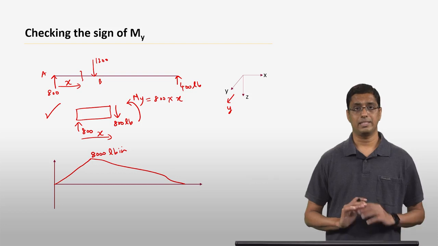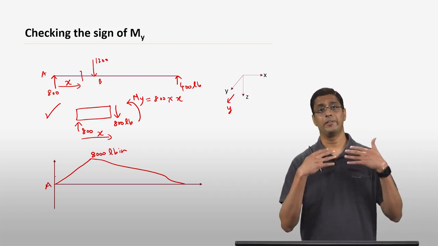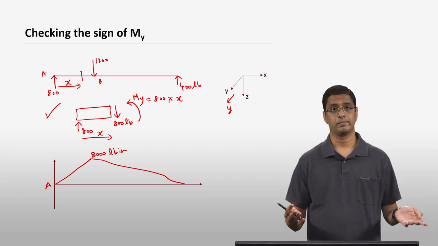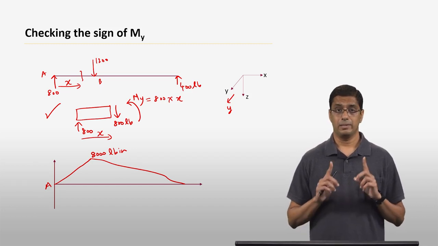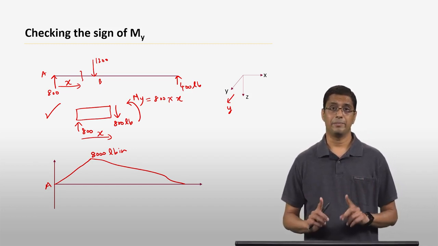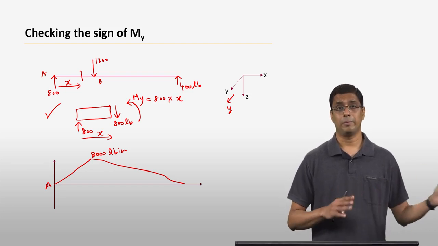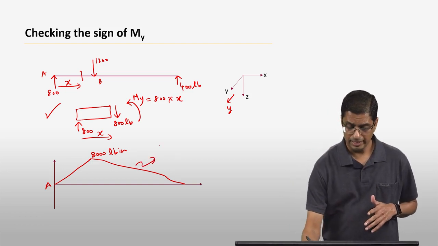That's the only thing that is different. So you just mirror whatever moment diagram you had before about the x-axis. The reason that you're doing this is because the moment that we got from the free body diagram is of the opposite sign from the moment that we got from the moment diagram directly. So this is the correct moment diagram.